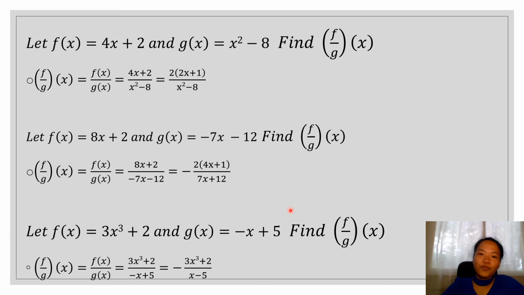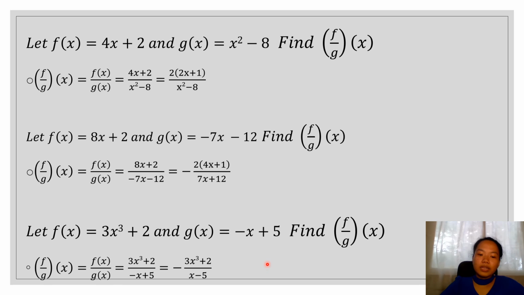So let us move to the last example. So let f of x equal 3x cubed plus 2 and g of x equal negative x plus 5. Find quantity f over g of x. So quantity f over g of x equals f of x over g of x, which is 3x cubed plus 2 over negative x plus 5, and we factor each.